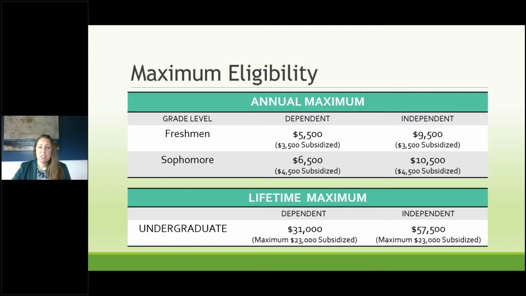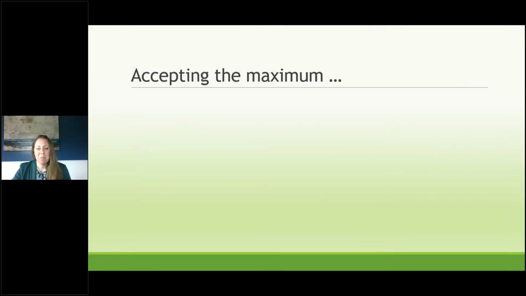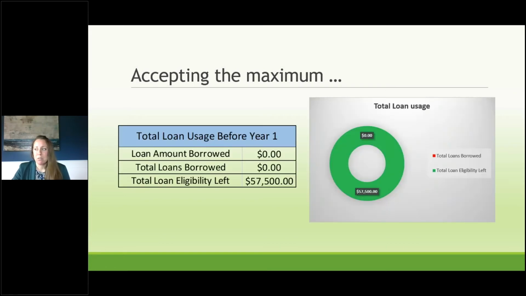So what's scary is when a student accepts the maximum amount of student loans. Let's say we're looking at an independent student, so they are 24 or older, or perhaps they're supporting someone else, a child or maybe a legal dependent or someone like that.